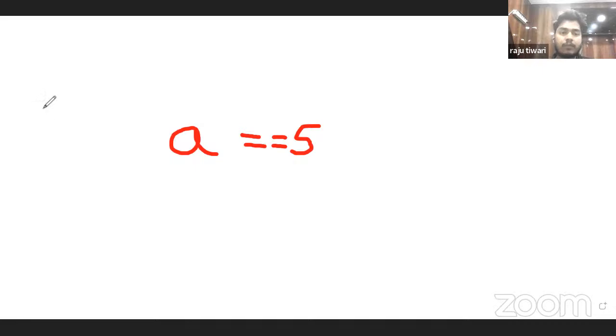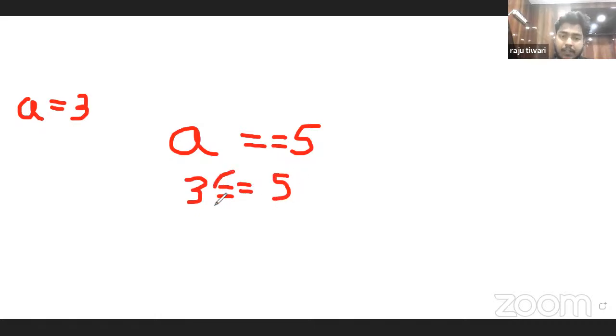So suppose someone enters a equals to 3. Now, can anyone tell me, 3 is equal to 5? The answer will be no. Okay, so if it is no, the operator will say false. Because 3 is not equal to 5, so it becomes false.